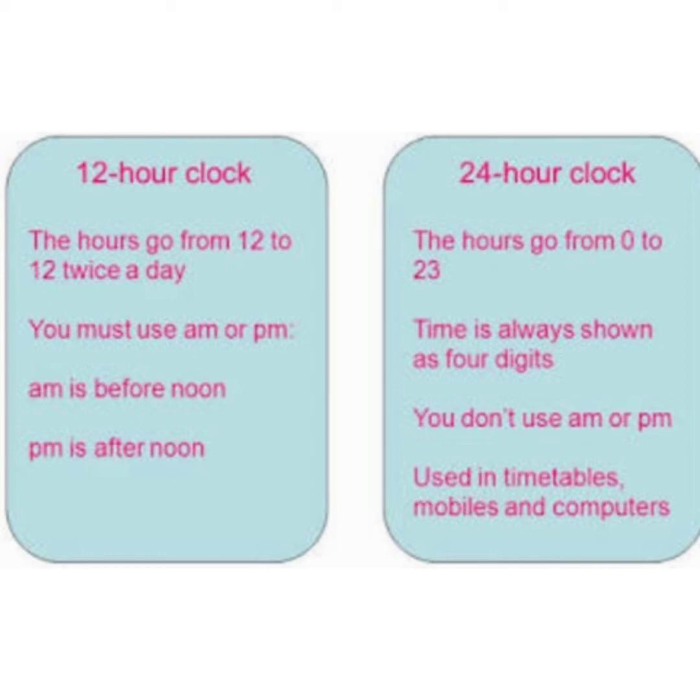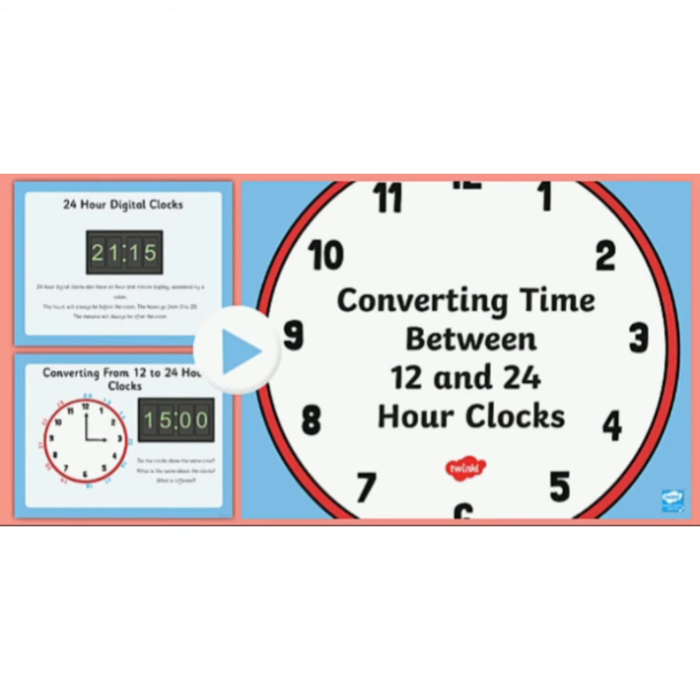How does the 24-hour clock work? The 24-hour clock uses the numbers 0000 until 2359 to tell the time.